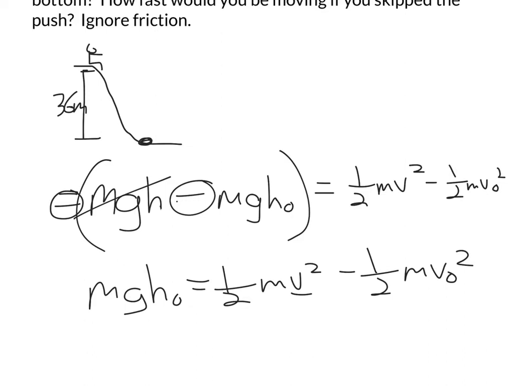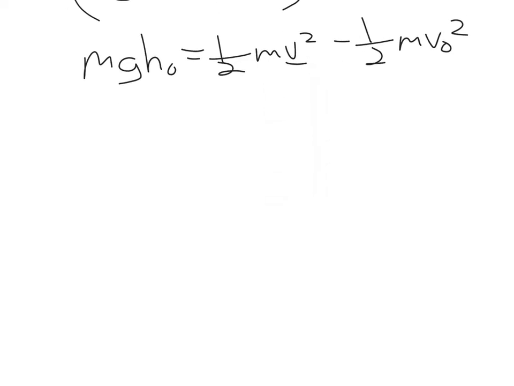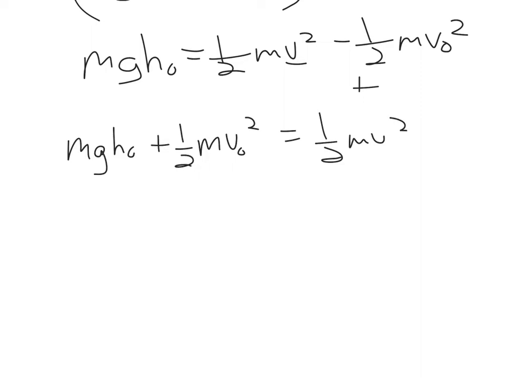So let's look at that. To isolate that, I'm going to add this term to both sides. So I will get mgh naught plus half mv naught squared equal to half mv squared. This is another way to write the law of conservation of energy. The original one that I had written is all of one type of energy that you lose equals all of the type of energy that you gain. But what this is saying is all the energy I start with, all the h naughts and v naughts, equals all the energy that I end with.